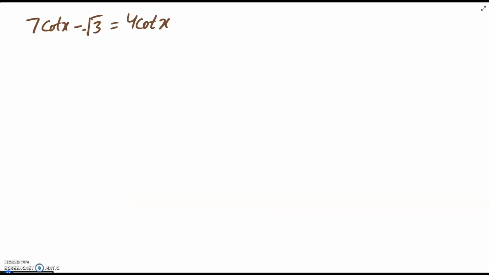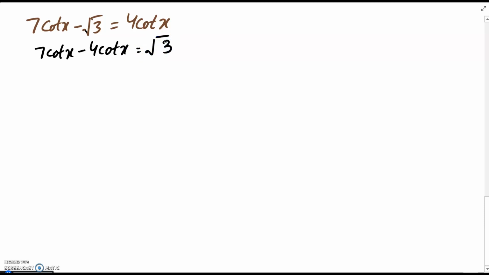quadrant. Alright, so next we have this question: 7 cot x minus square root 3 equals 4 cot x. Again, let's combine the cot x values, and it's going to be 7 cot x minus 4 cot x equals square root 3.